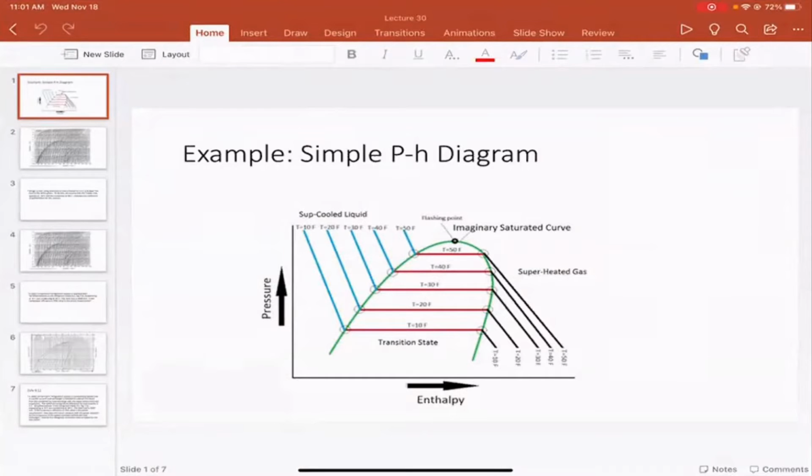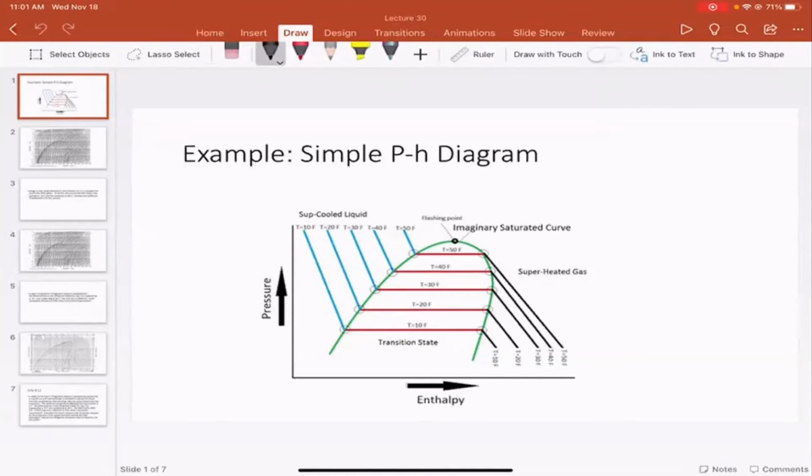And that's right here. You'll notice that the shape looks really similar to the TS diagram. Instead of temperature being on the y-axis, it's pressure. Instead of entropy being on the x-axis, it's enthalpy. We have these isotherms that come down and meet the saturation line, and then you have phase change as you go from the left of the green curve all the way straight across to the right, just like in the TS diagram.